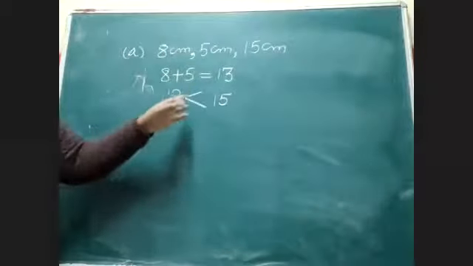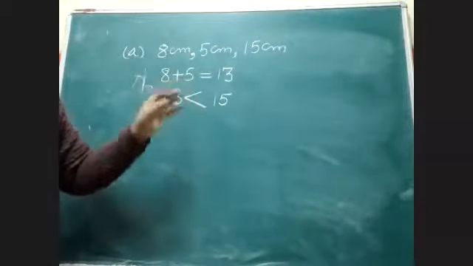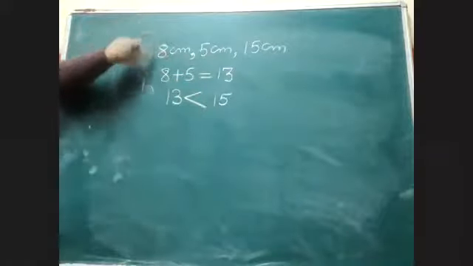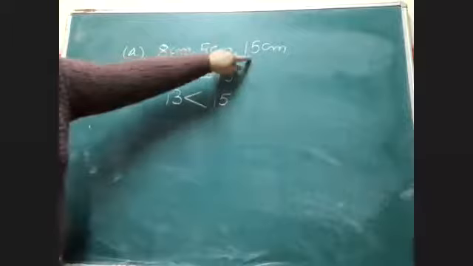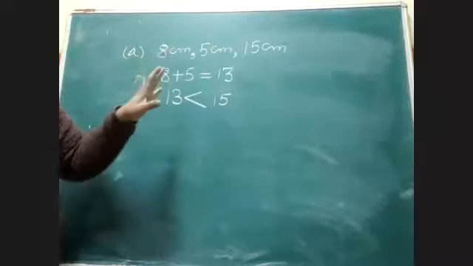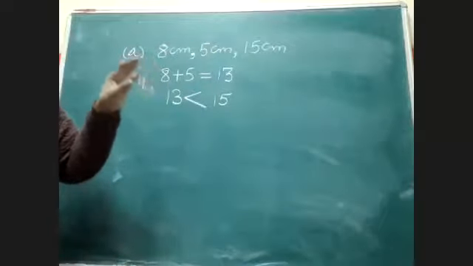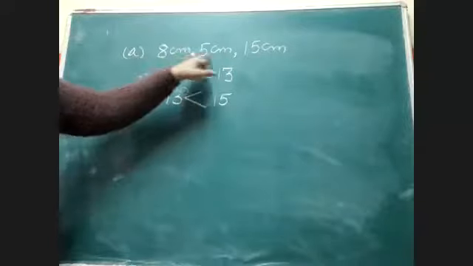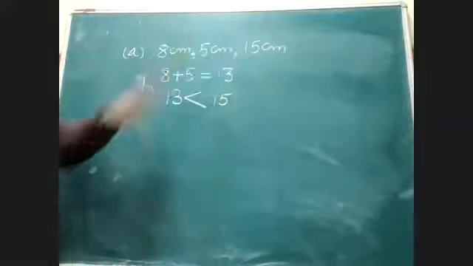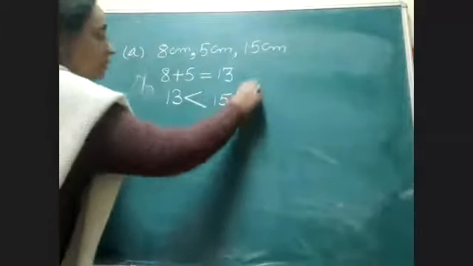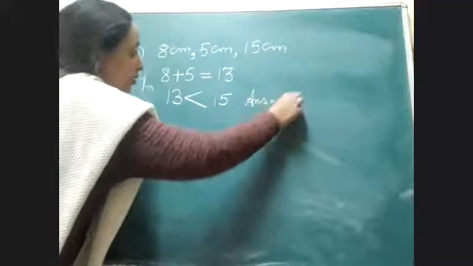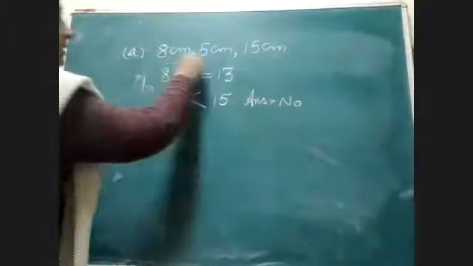It means we cannot draw a triangle with these lengths. It is not possible to draw a triangle with sides 8 centimeters, 5 centimeters, and 15 centimeters. So here your answer is no. No means you can't draw a triangle with these lengths.